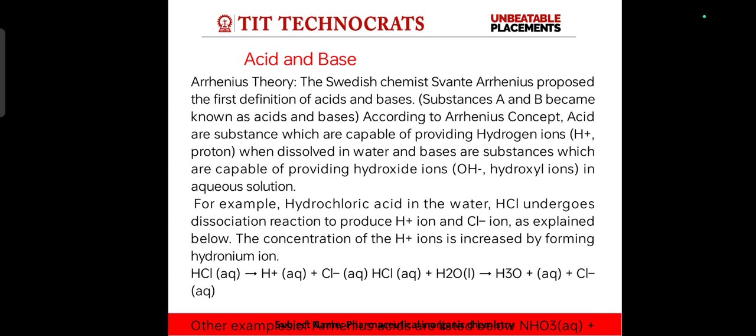Base, as per the Arrhenius concept, the compounds that produce OH ions, hydroxyl ions, after dissociation are bases. So the compounds producing the H plus ion are acids and producing the OH ion are bases. This is the basic terminology for acid and base.